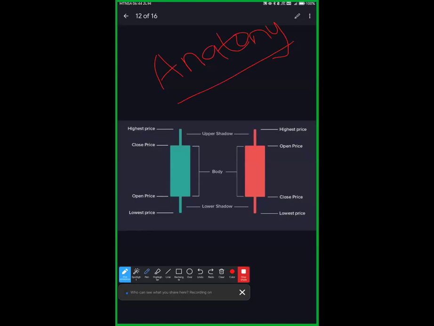Yesterday we said that each and every trade session in the market is represented by a candle, and we looked into the reasons why we are using candles to understand price action.